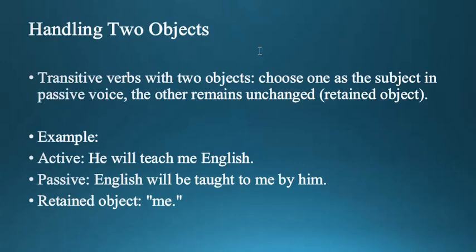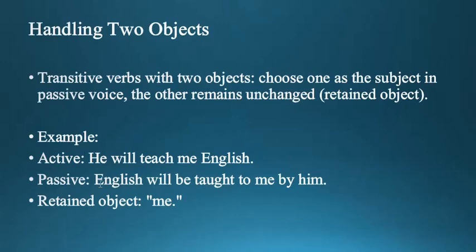Choose one as the subject in passive voice; the other remains unchanged, and it's called a retained object. You can choose either one, and the unchanged object is called the retained object.